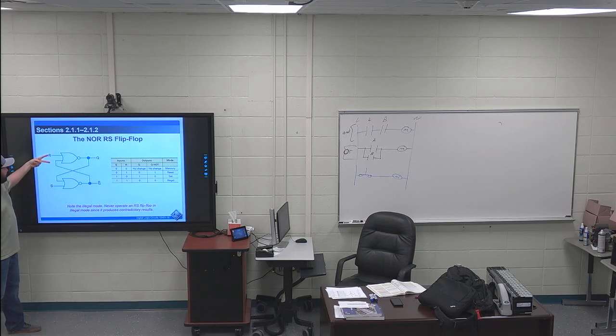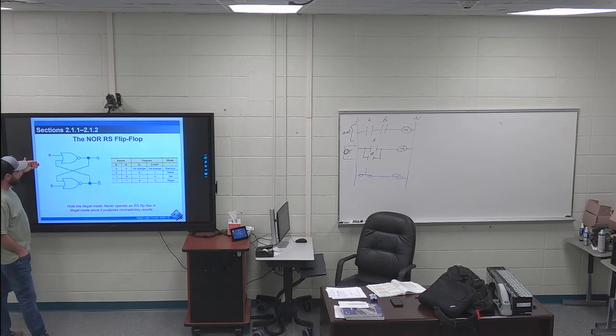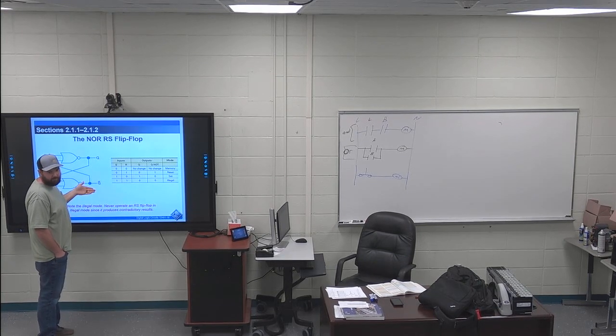So if I have either my R or my Q naught coming back into here, if I have either one of those, this is going to output a 0. Same thing for down here. If I have my set, if I don't have my set, it's going to output this. So walking through my first line, if I don't have set, I don't have reset, nothing is going to change on my output or my output now.